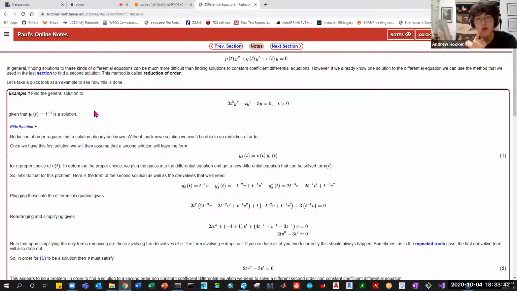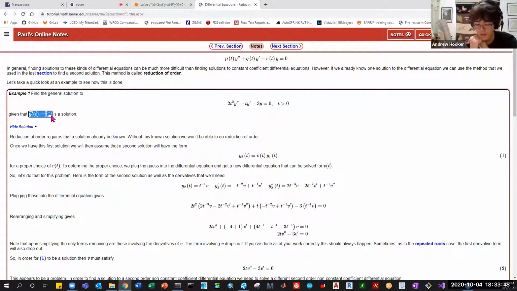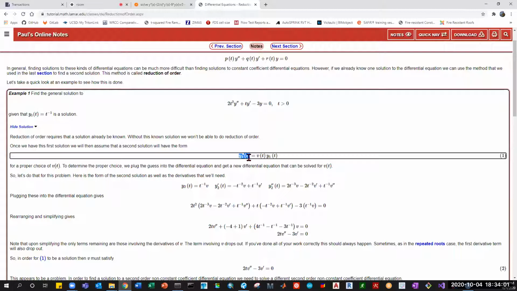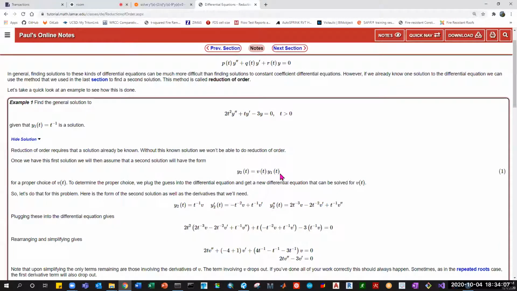You usually have two solutions, or three. This is one of them. So you have one solution that you assume, and then knowing that that's a solution, you build the second solution as a function of the first solution. All of these solutions have to be a function of t, right?